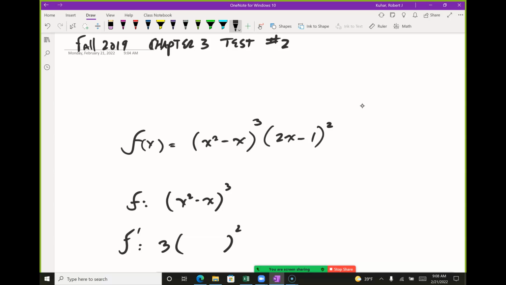What was in the box was an x squared minus x, but what's the derivative of that inside? It's 2x minus 1. Can you see that I took an x cubed function and the derivative became a 3x squared? But the inside is more complicated than that, so I keep the inside in there, but then I take the derivative of the inside. Is that okay with everybody?